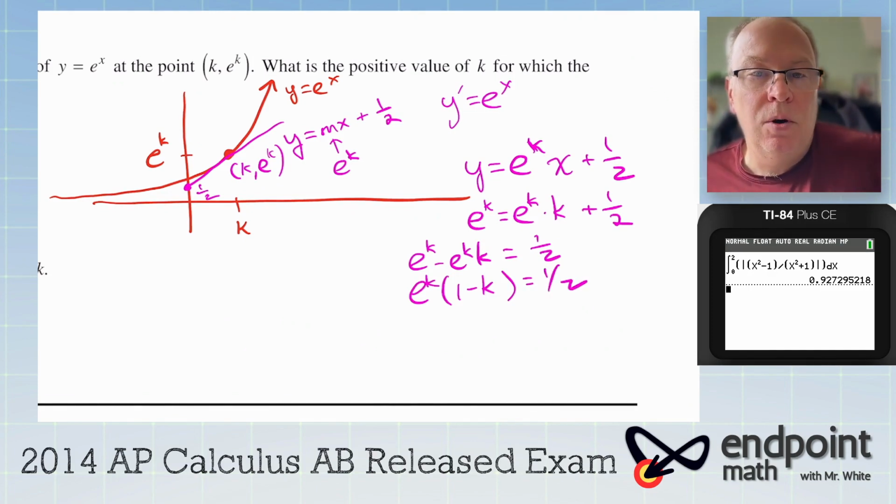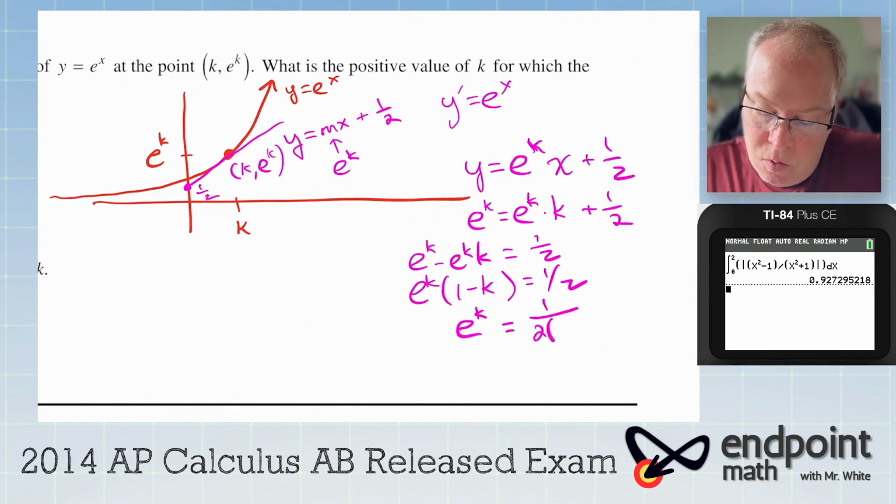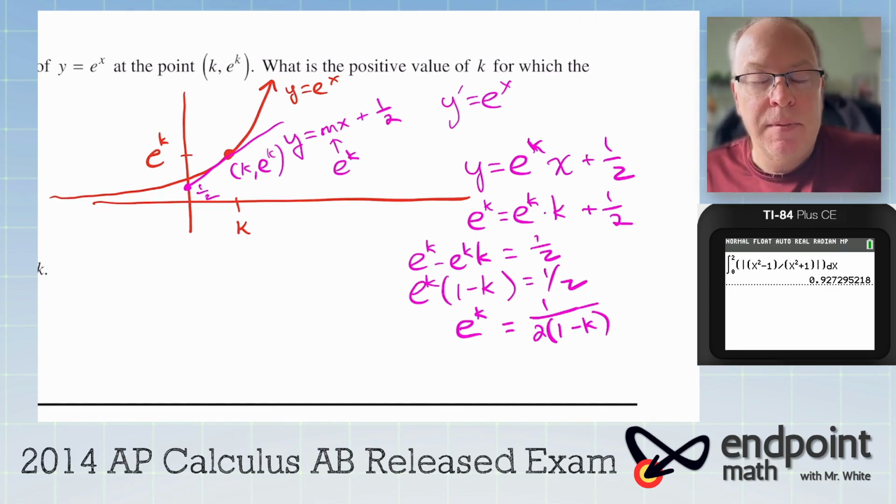I know when I was previewing this problem earlier, I was holding out hope that I might be able to solve for k, but you cannot here. E to the k equals 1 over 2 times the quantity 1 minus k. At least you can't easily solve for it, I guess I should say. So I want to put these into the calculator. All right, so we're going to go to our graph.